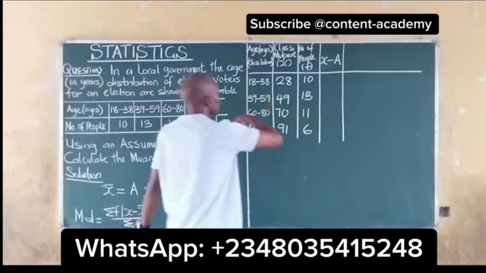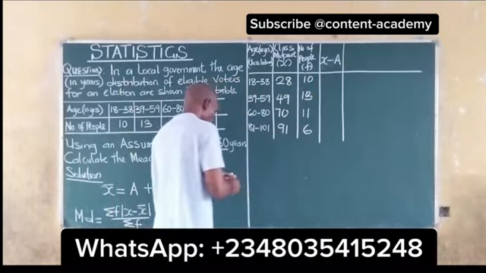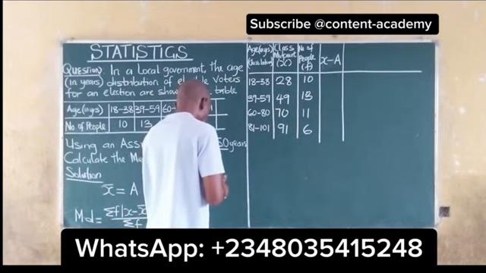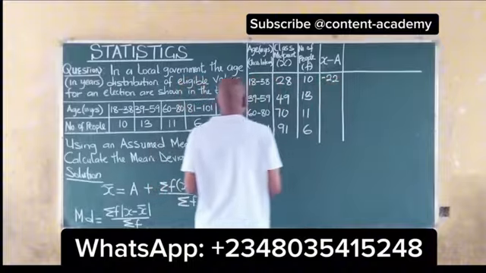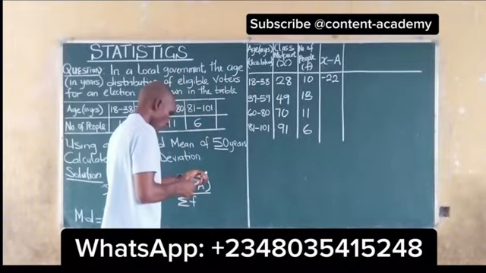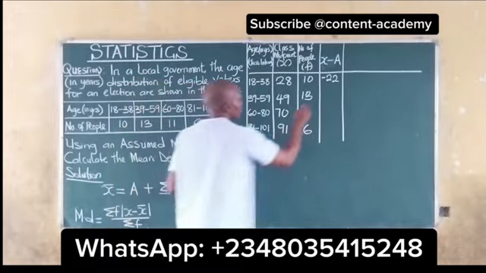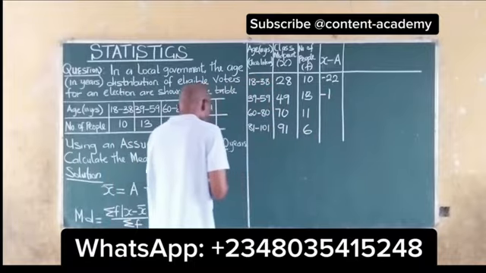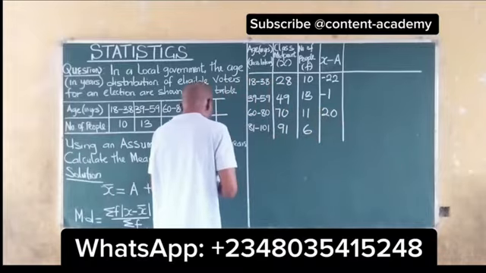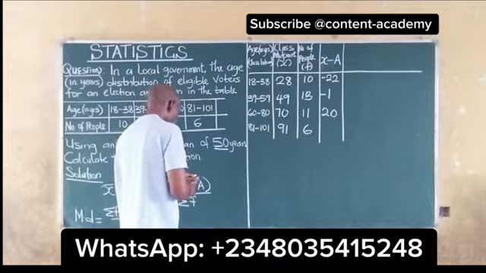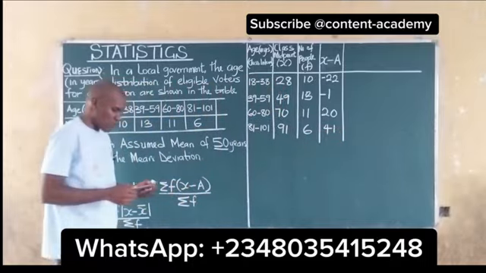So individual values for x minus 50 will now give us x minus a. So we have first 28 minus 50 is equal to negative 22. 49 minus 50 is equal to negative 1. 70 minus 50 is 20. And 91 minus 50 is 41. So these are the values we have for that.